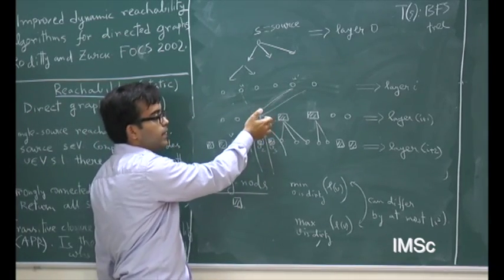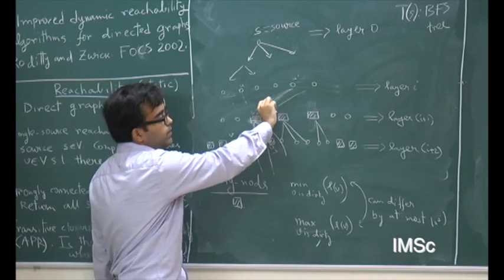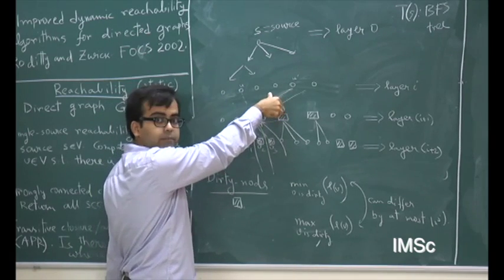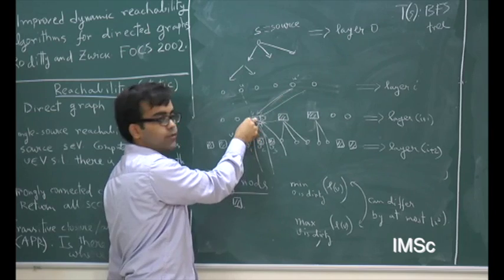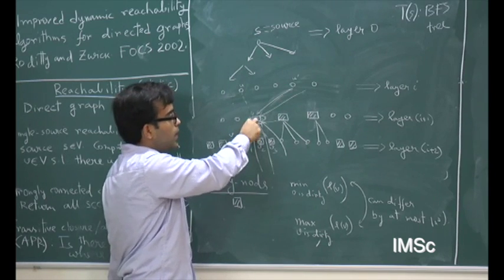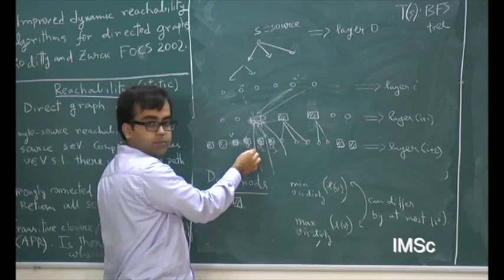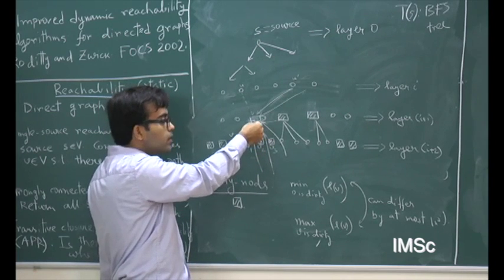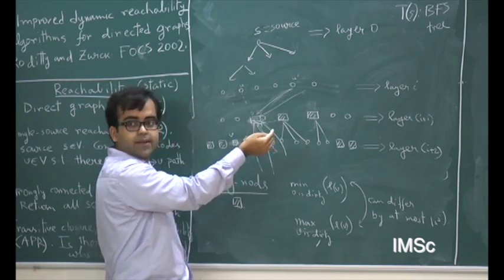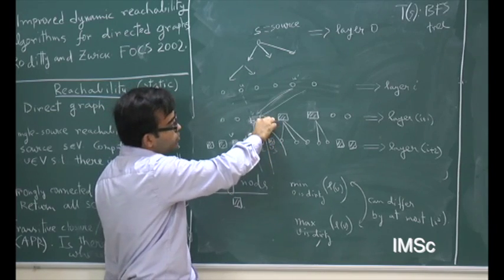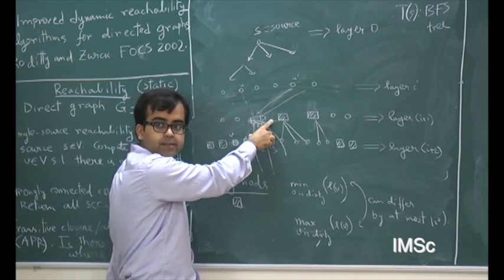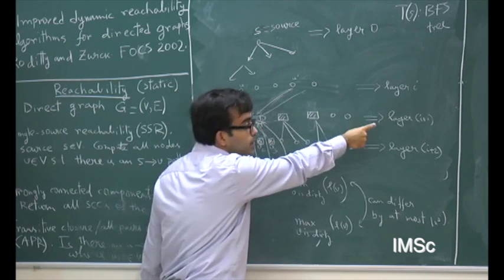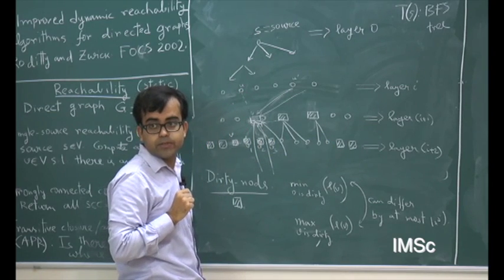Either in constant time you detect that this list is non-empty and you are done with V. Otherwise, V dropped, then you need to adjust V's list, because then you need to go through this entire list of remaining edges and decide which of them has parents in layer I plus 1 or not.